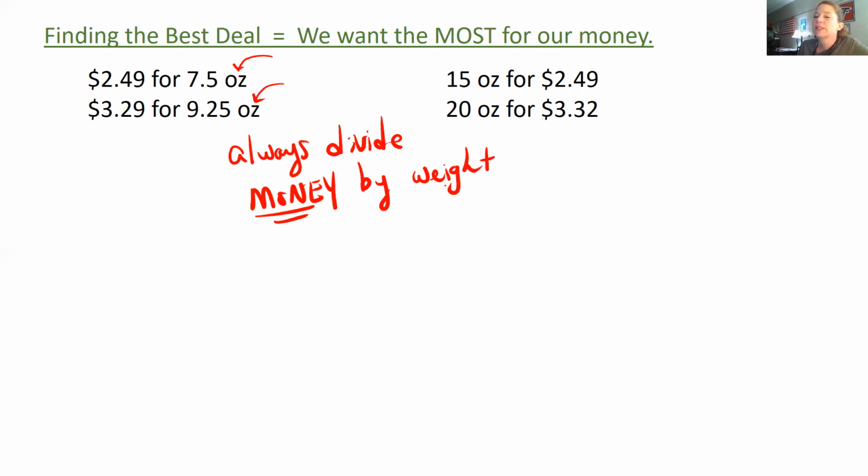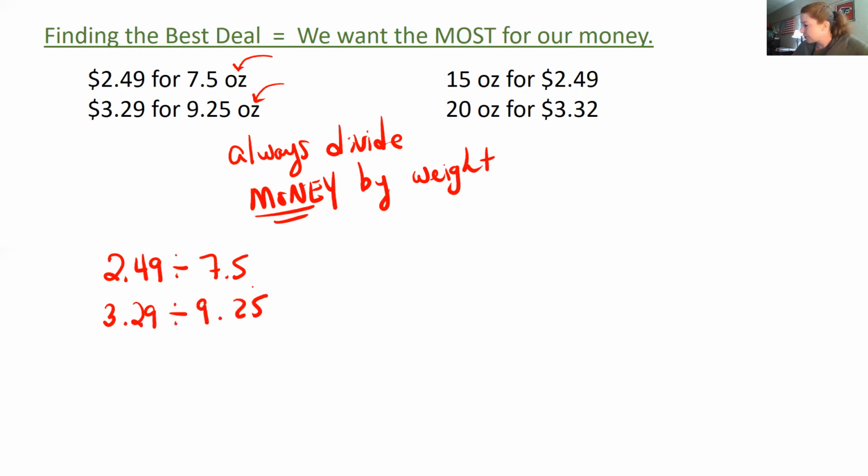But the money always goes in the division box. Or since we're using our calculators, we're going to punch in 2.49 first, and we're going to divide it by 7.5, and then we're going to punch in 3.29 first, and we're going to divide it by 9.25.